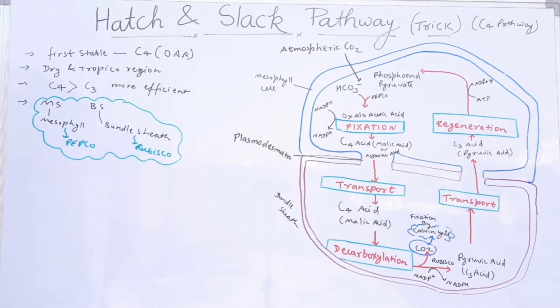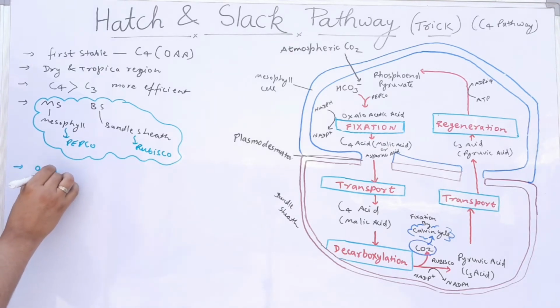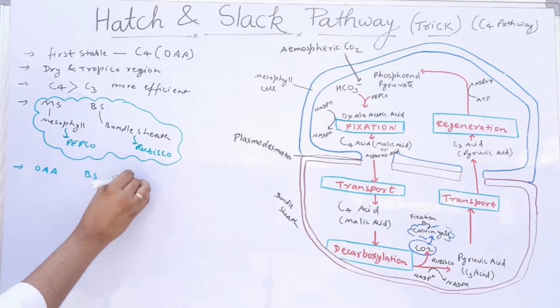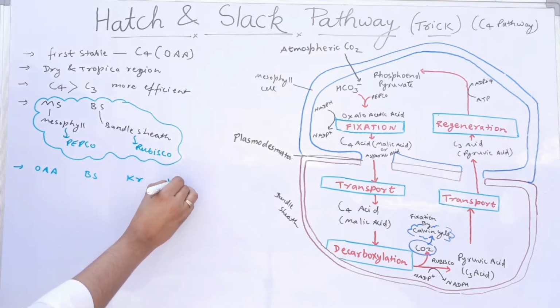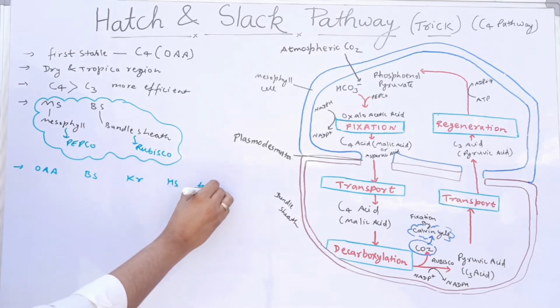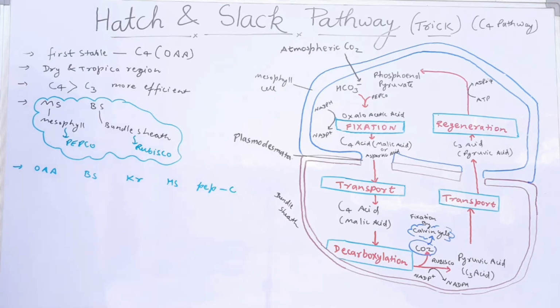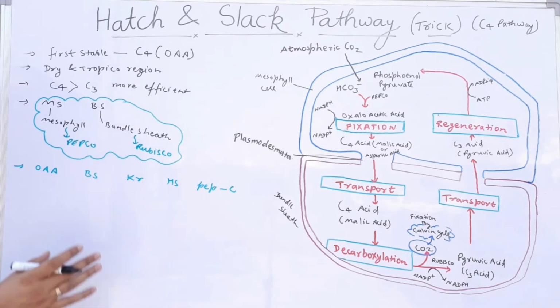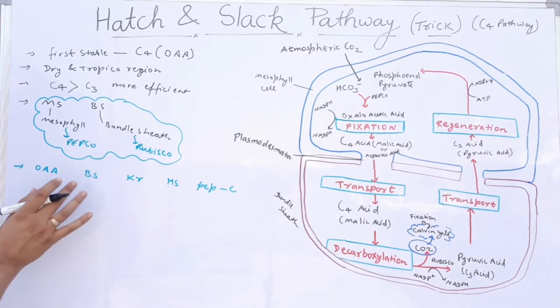Again, now it's time to remember a very easy trick. The trick is OAA, BS, KR, HS, Pepsi. How to decode it? Maximum of the questions can be decoded with this trick.